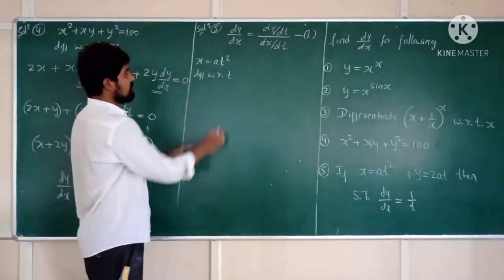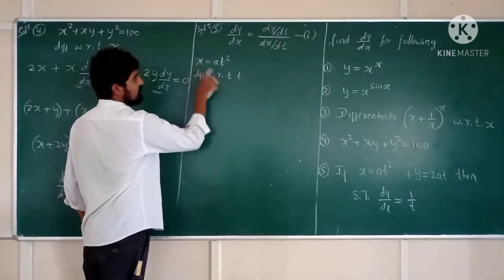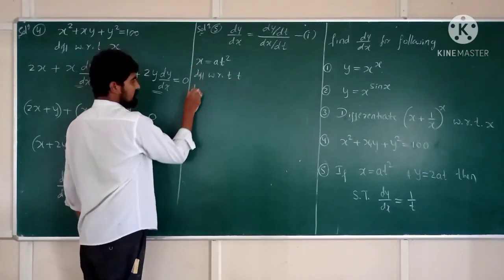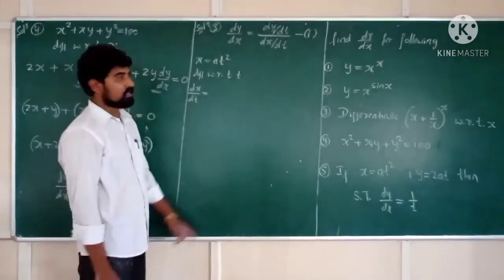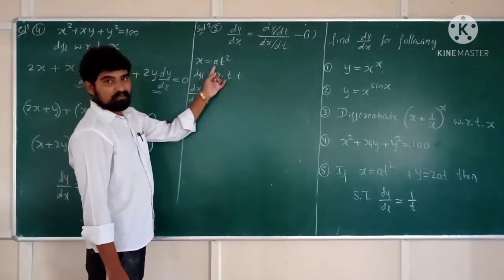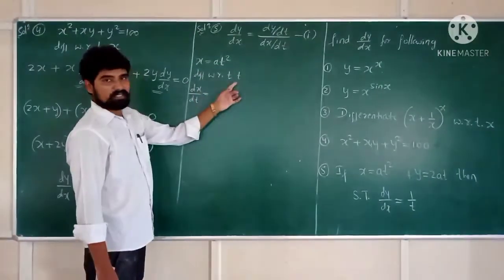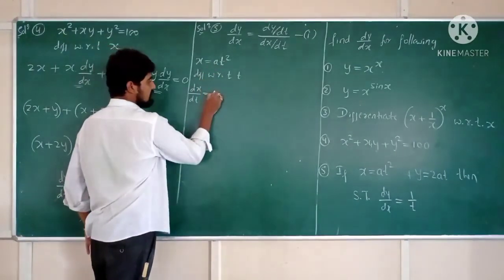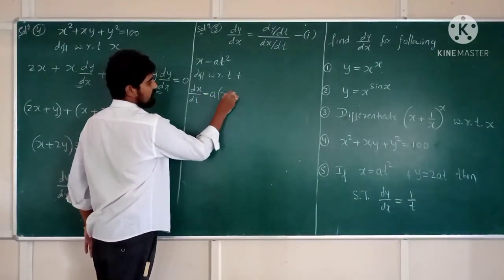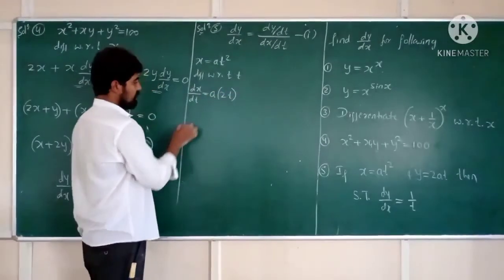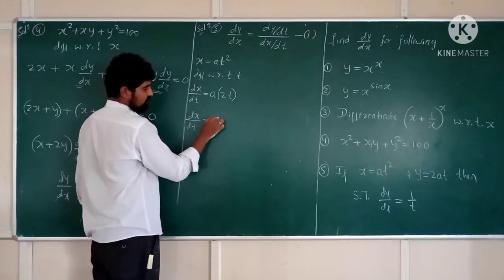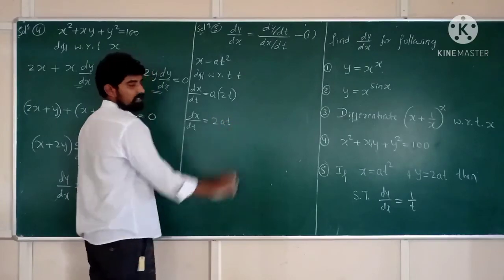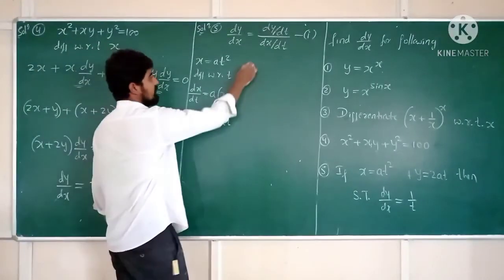So differentiation of x with respect to t is dx by dt, which is equal to derivative of at square with respect to t. a is constant as it is. Derivative of t square is 2t. Therefore, dx by dt is equal to 2at. I hope all of you understood.